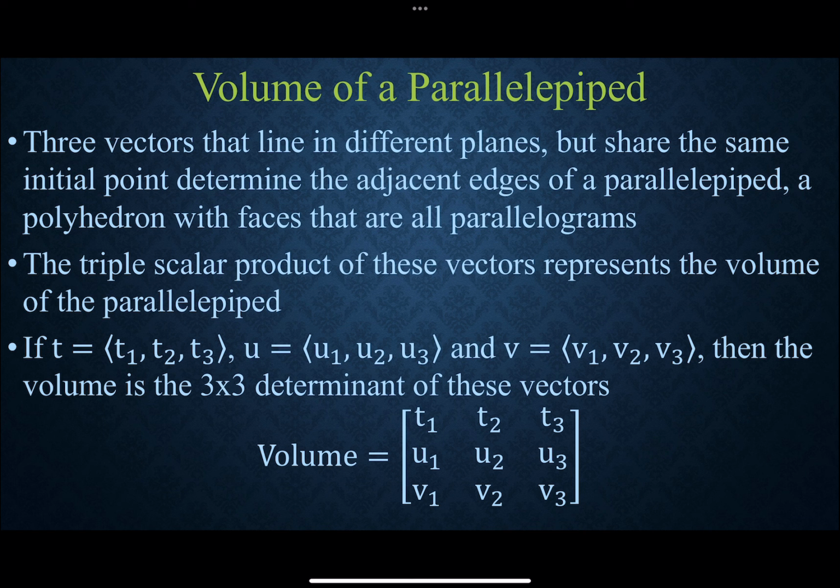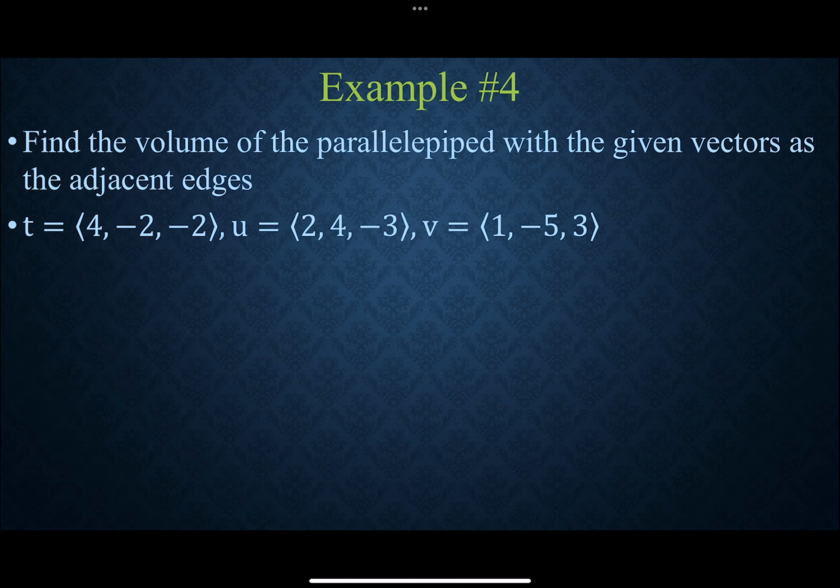So rather than using the top row as i, j, and k, the top row is this third vector t. So we can find just a normal numerical 3x3 determinant, which I'll show you by hand, and then you can confirm that on your calculator. So finding this particular volume is t dot u cross v.